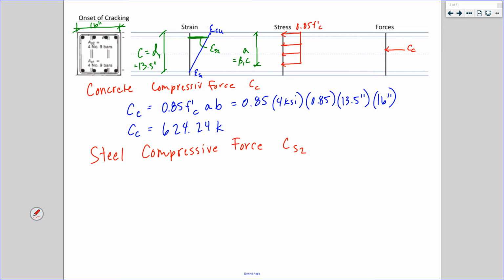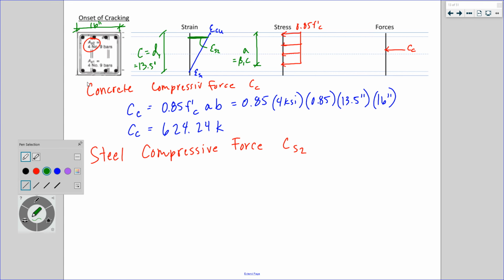CS2, that's the compressive force in my area of steel number 2, right here. My area of steel number 1 isn't going to have any strain.